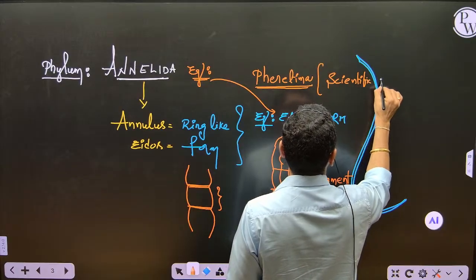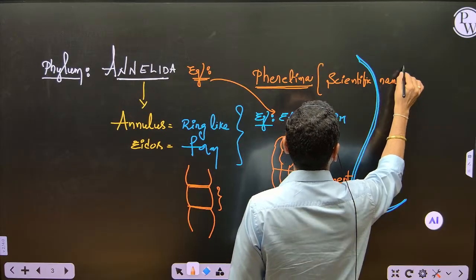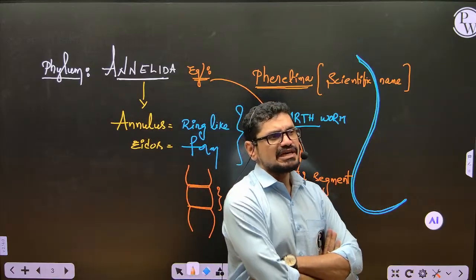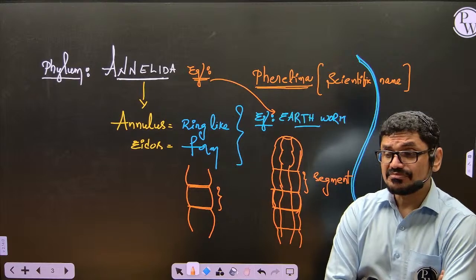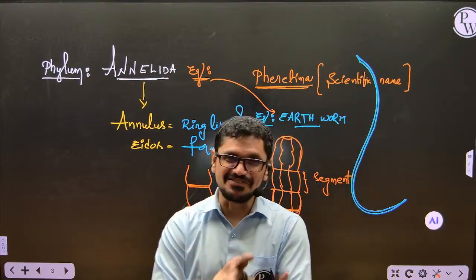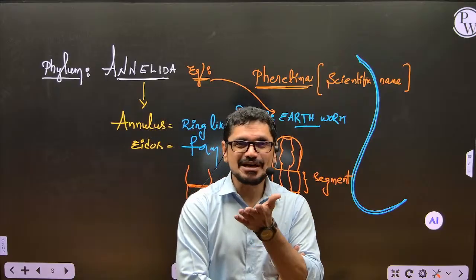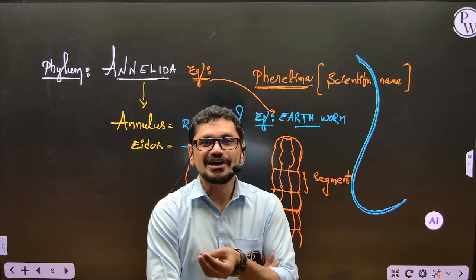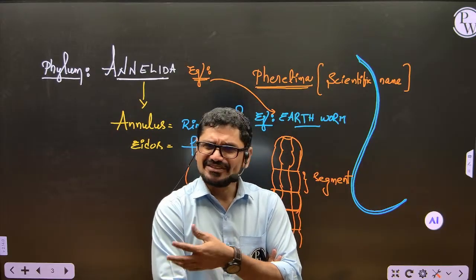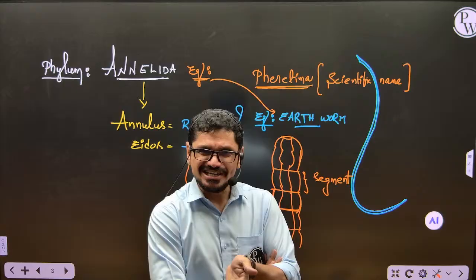Let me tell you one thing, my dear friends. What is the scientific name? See, the common name commonly changes from place to place. That is the reason why it is called the common name. For example, your father or your mother will call you with pet names, right? But those names will not be in your register.